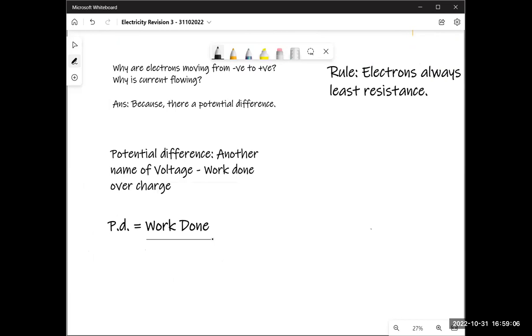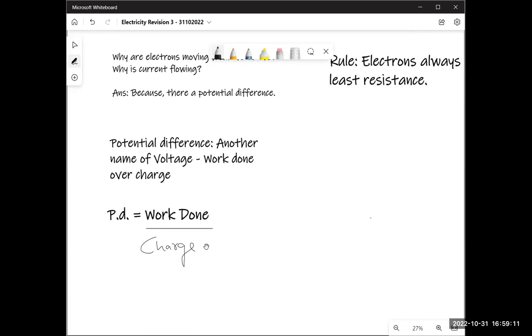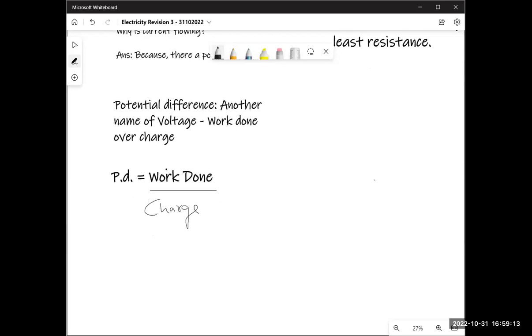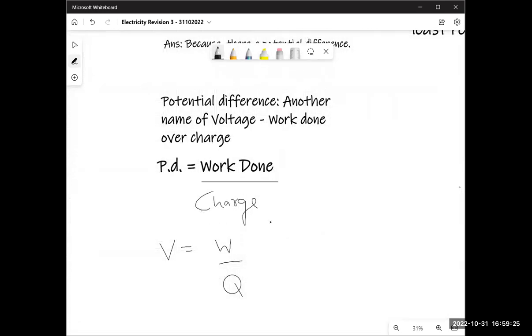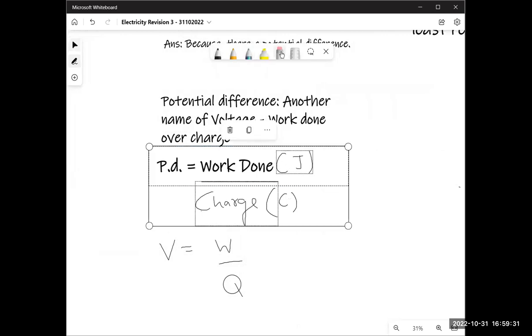Najda, are you writing? Sumaya, can you hear me? Yes, sir. Jana, are you understanding? Yes. Work over Q. Now one more thing you need to realize, I'll give you another symbol right here. Charge is in coulombs, work is in joules, and PD is in volts.